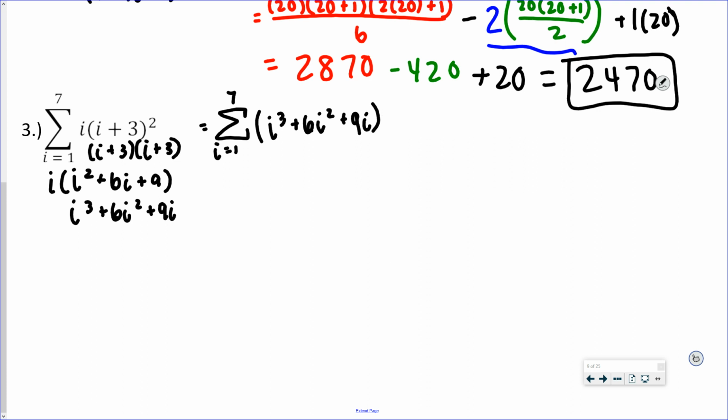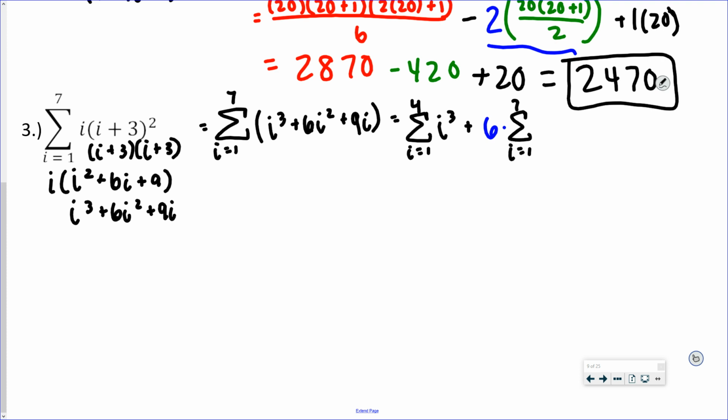Now, very similar to the last one, we can break this up. With finding the sum of my first rule, which is i cubed, you have a formula for that. Second rule, 6 times i squared. Bring the 6 out in front. We have a shortcut.